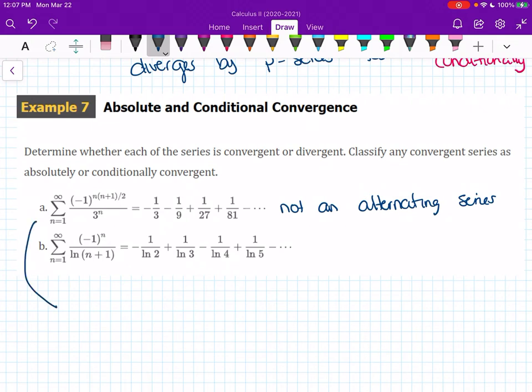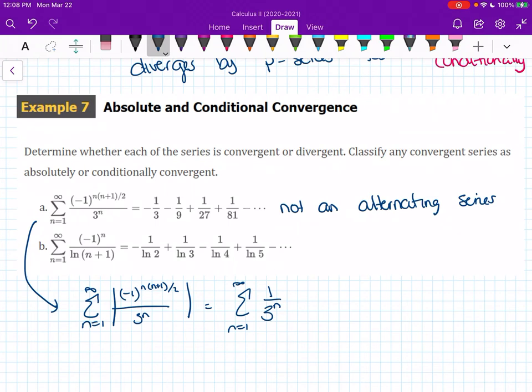Let's take a look at the absolute value of the terms though. The absolute value of (-1) to the n times (n plus 1) over 2 to the 3n is just the same thing as the sum from n equals 1 to infinity of 1 over 3 to the n.